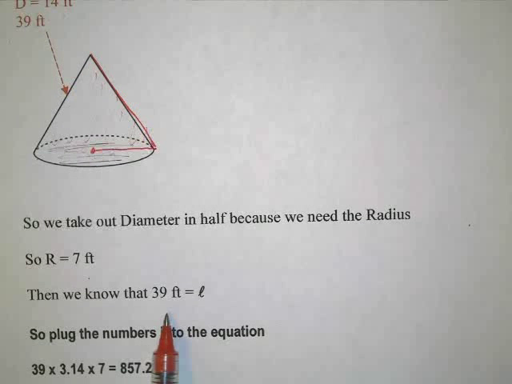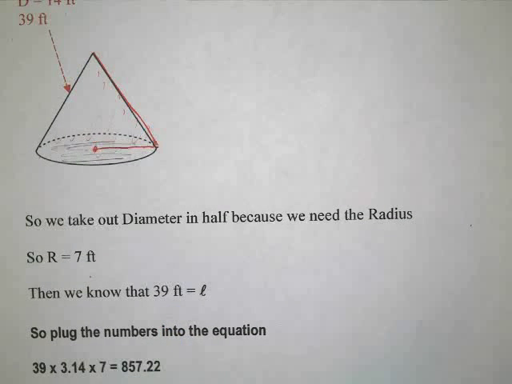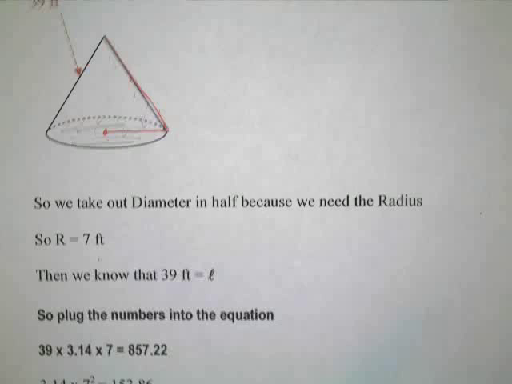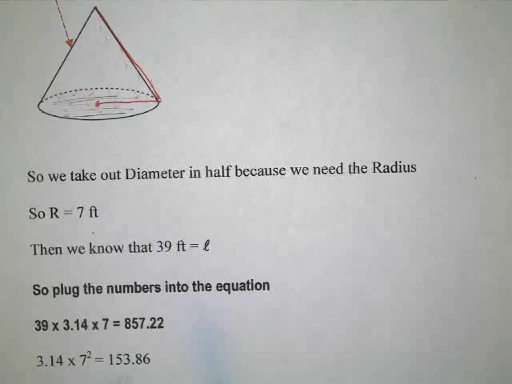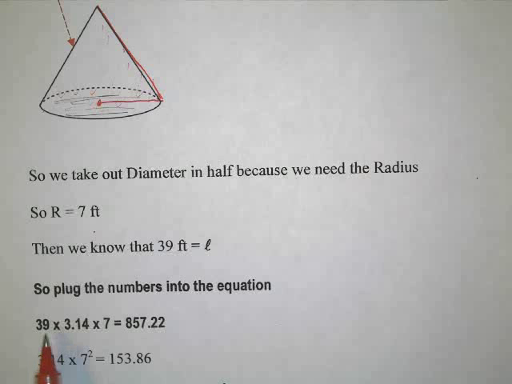And we know that L equals 39. So the first equation is length or slant height times pi times radius. So 39 times 3.14 times 7, and we get 857.22. And how should I label that?